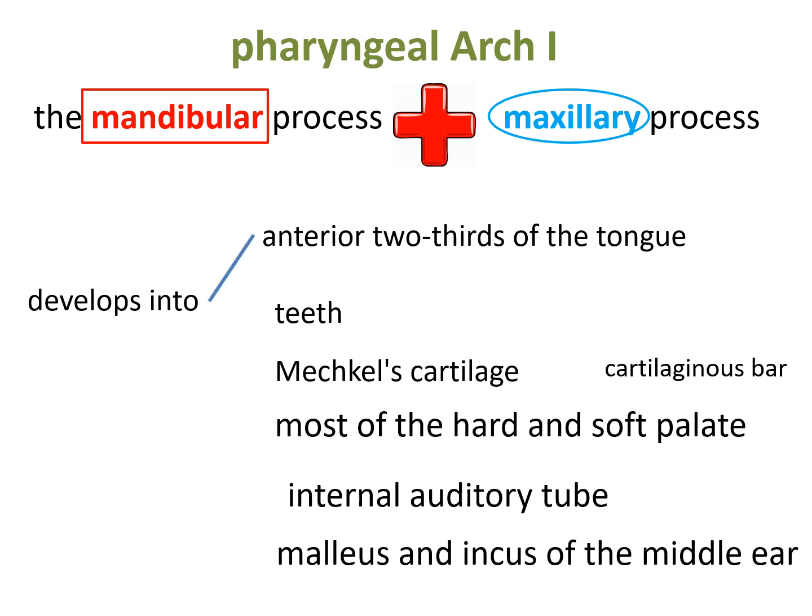These will develop into the anterior 2/3 of the tongue, teeth, Meckel's cartilage, which is a cartilaginous bar that will develop into the mandible, most of the hard and soft palate, as we have seen in the development of the face, the auditory tube, and the 2 ossicles of the middle ear, the malleus and the incus.